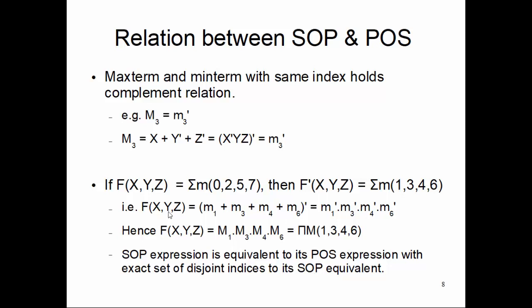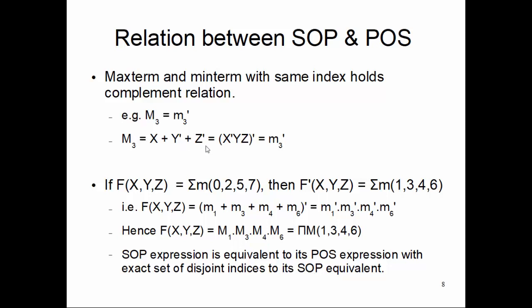Now that means your f x y z is the complement of sigma 1, 3, 4, 6, like m1 or m3, m4, m6, which by De Morgan is practically m1 bar and m3 bar and m4 bar and m6 bar.